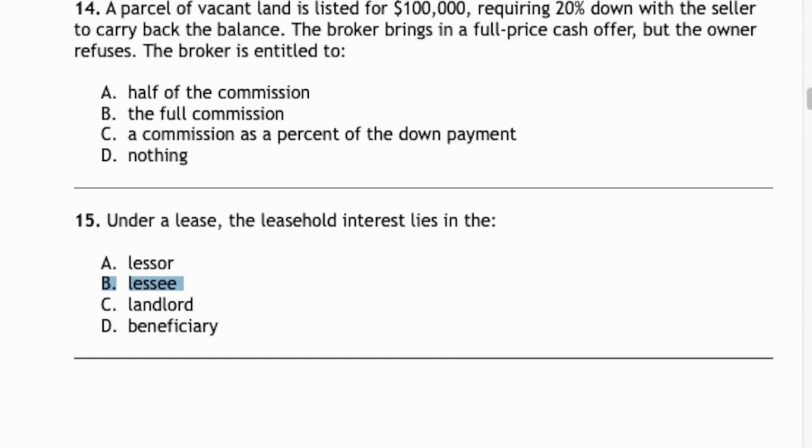A leasehold interest is the right to exclusive possession and use of real property for a fixed period of time held by the lessee. Remember, the lessor is the landlord and the lessee is the tenant. So, the lessee has rights and gets to enjoy the property as the law deems fit.